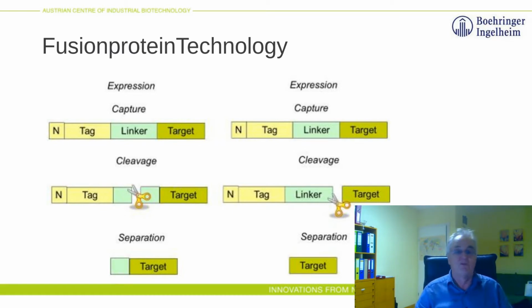Once you cleave off the tag, a small peptide remains on the N-terminus of the target protein, the protein of interest. If you have the tag on the C-terminus, the same happens: you have an elongated protein at the C-terminus.